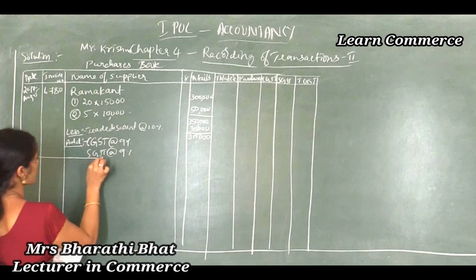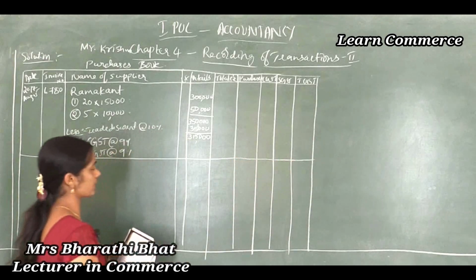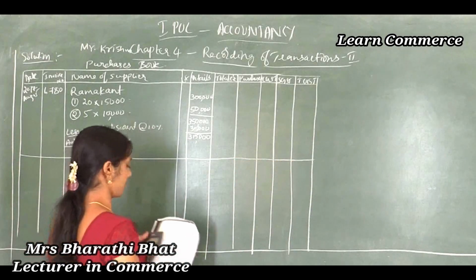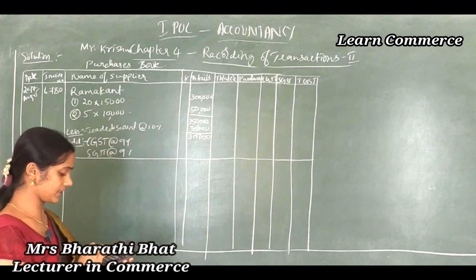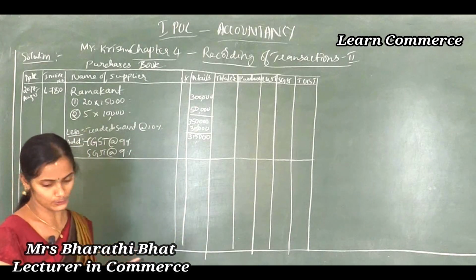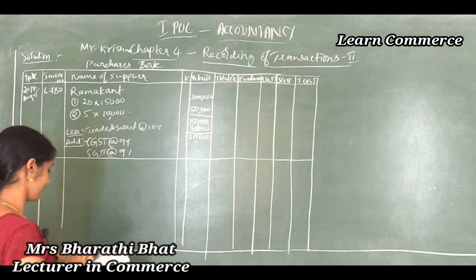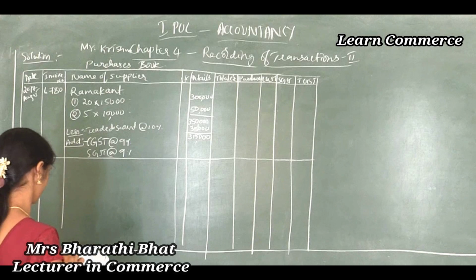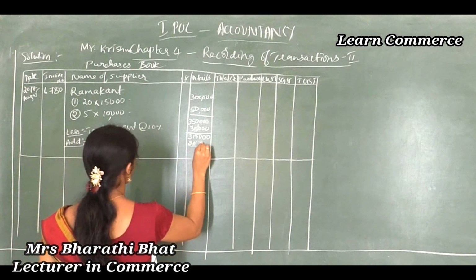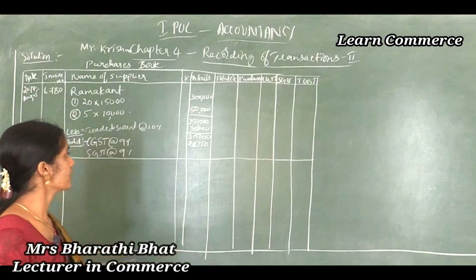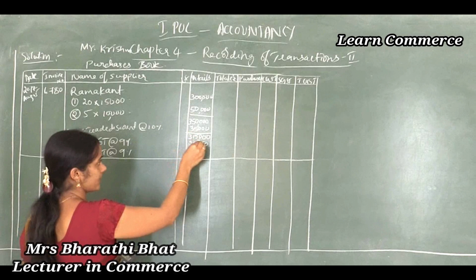So close this transaction after recording the amount. So here 3,15,000 into 9 by 100, 28,350. Correct, right?